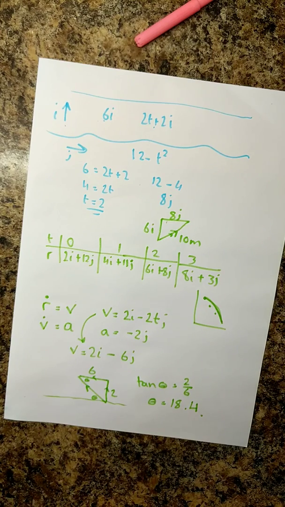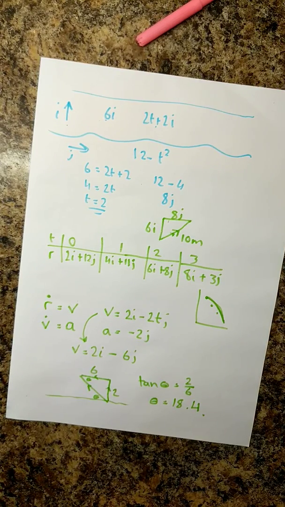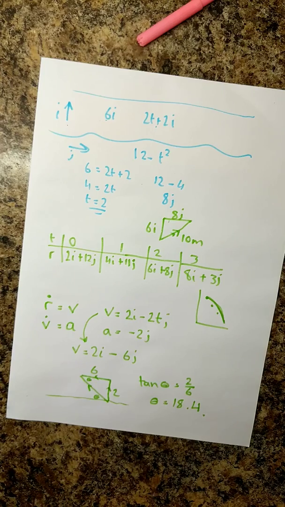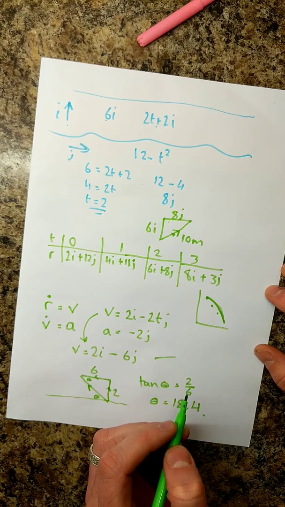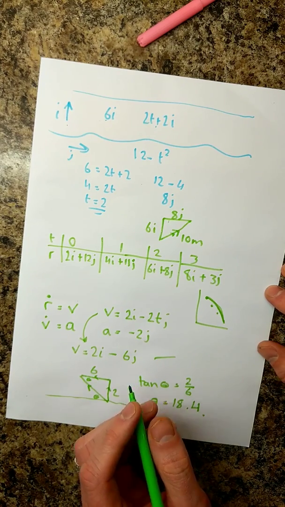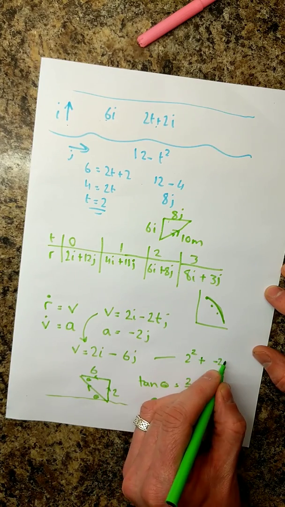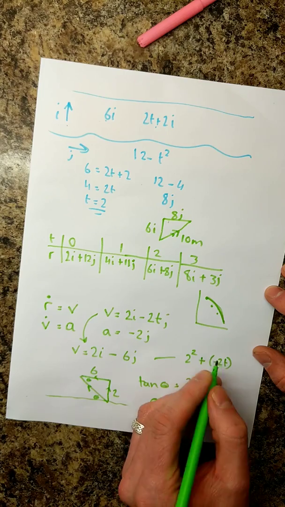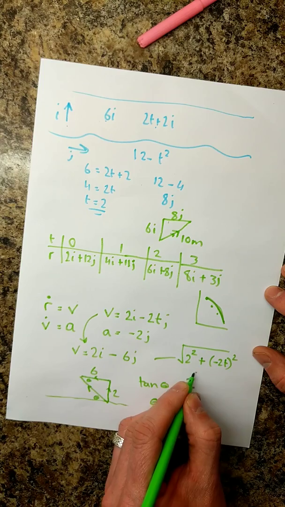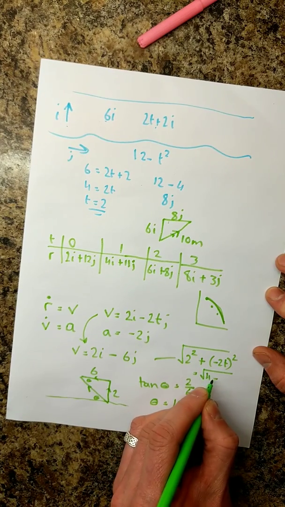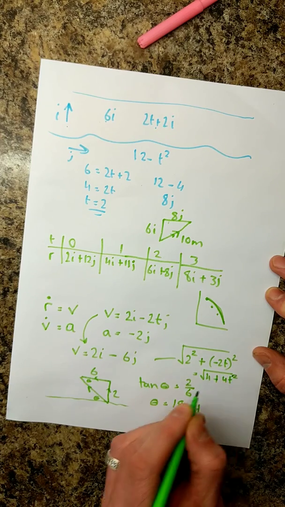It then says, suggest why this model of the motion of the speedboat is unrealistic for large t. So if we took the velocity and worked out the magnitude of this, we would get 2 squared plus minus 2t all squared, and take the square root of it, which means that we end up with the square root of 4 plus 4t squared.